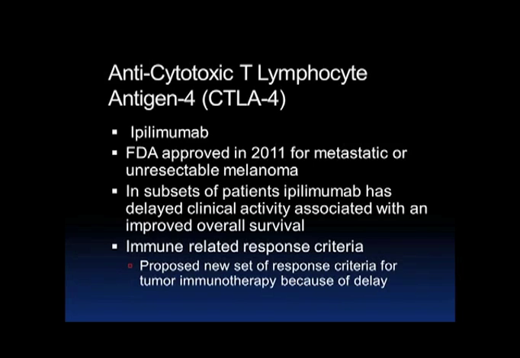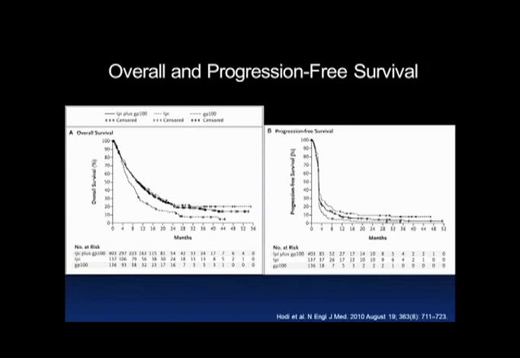So what they basically suggested is a new method of looking at criteria to evaluate for efficacy in those. And they called it immune-related response criteria, which is basically just a new set of response criteria for immunotherapy because of the delay of this actual treatment.